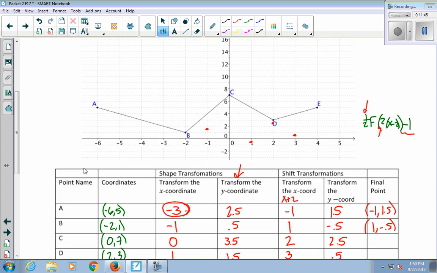And 4, 1.5. So when I connect these, there we go. There's my new graph. Still looks like a W, but its shape has been changed, as well as it's been moved.